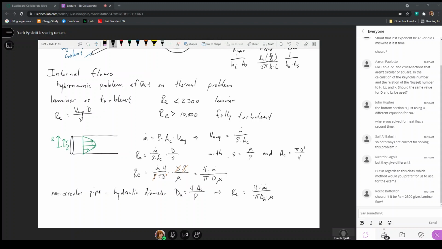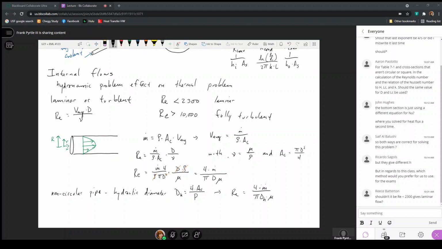So if we have a non-circular pipe being used, you still use the same definition for the Reynolds number, but you just calculate the hydraulic diameter based on this expression of 4 times the cross-sectional area divided by the perimeter to get that expression.